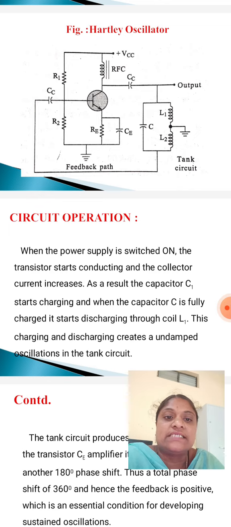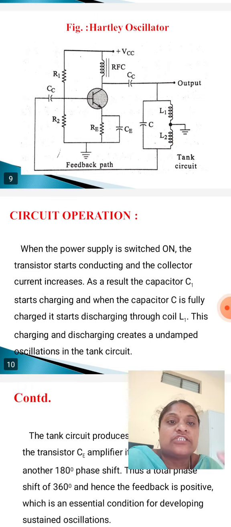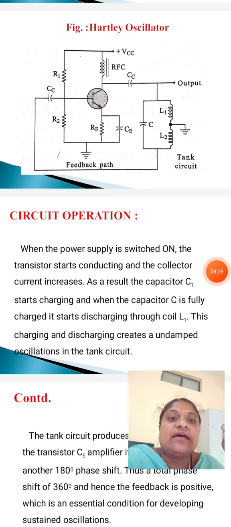As a result, the capacitor C1 starts charging, and when the capacitor is fully charged, it starts discharging through coil L1. The charging and discharging creates undamped oscillations in the tank circuit.